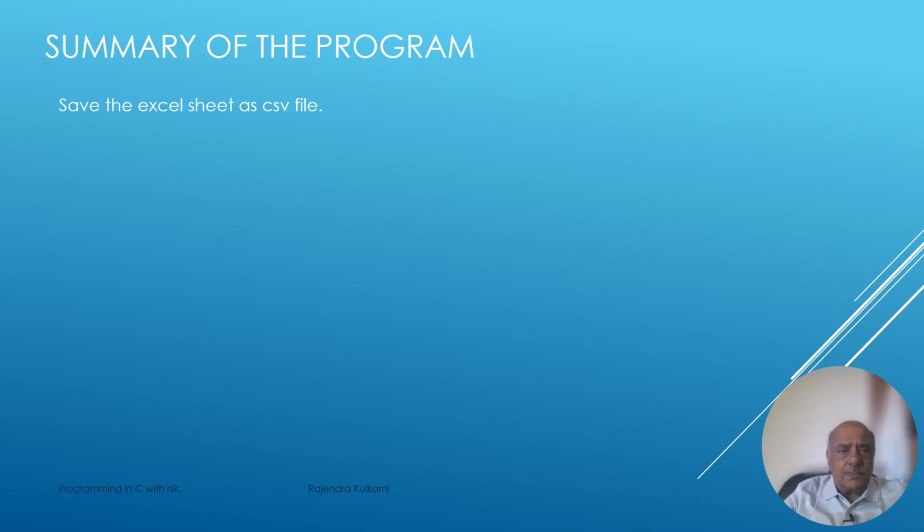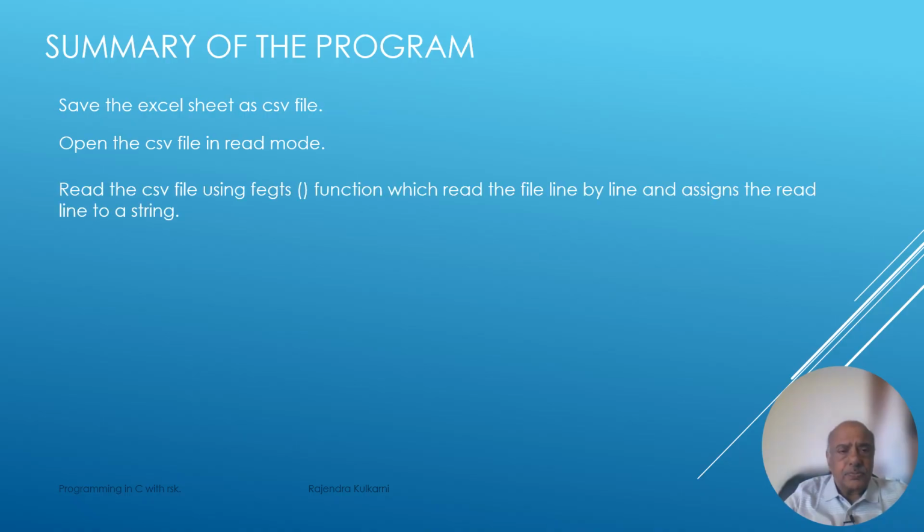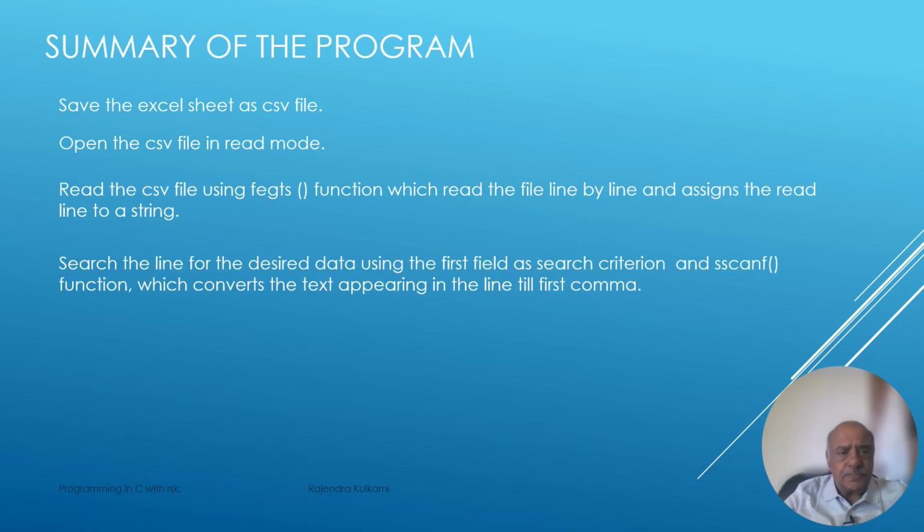To summarize, here is a simple explanation of what we did sequentially. Save the Excel sheet as a CSV file. Open the CSV file in read mode. Read the CSV file, which is a text file now, using the fgets function, which reads text from the file line by line and assigns all the text in the line to a string.